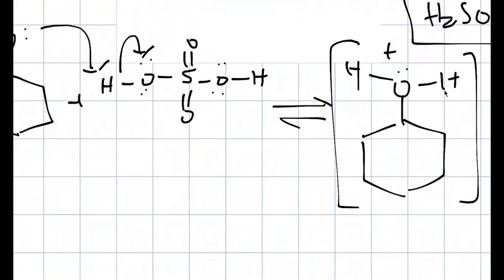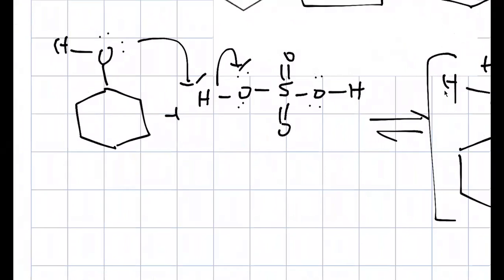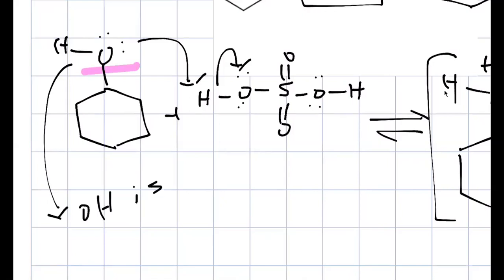And the reason why this is necessary is because OH by itself is a bad leaving group. It's a very bad leaving group. It doesn't leave spontaneously like you would expect if you're doing an SN1, a unimolecular reaction. You expect the leaving group to leave spontaneously, and here it doesn't, because it's not a good leaving group.